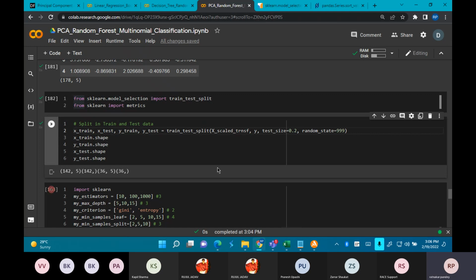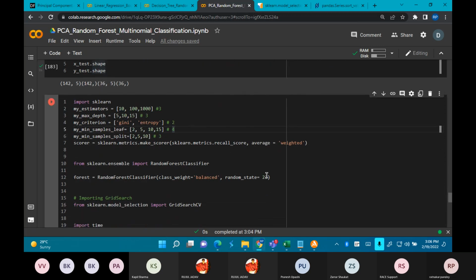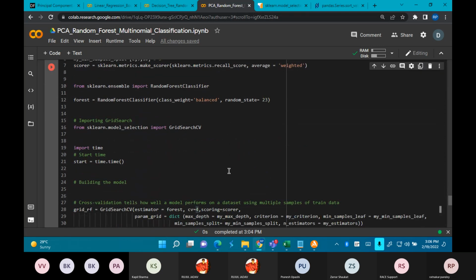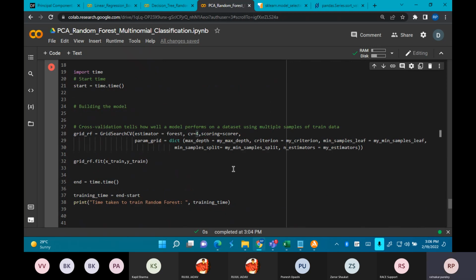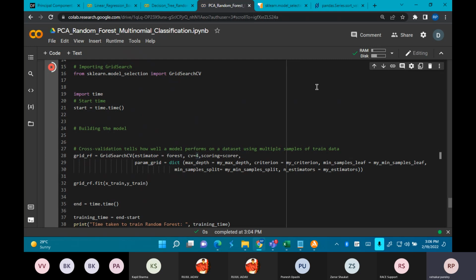Correct. That's fine. Fitting on X train, Y train. Okay. Yeah, the code is correct. I don't know what error I got, but let's just confirm one more time.